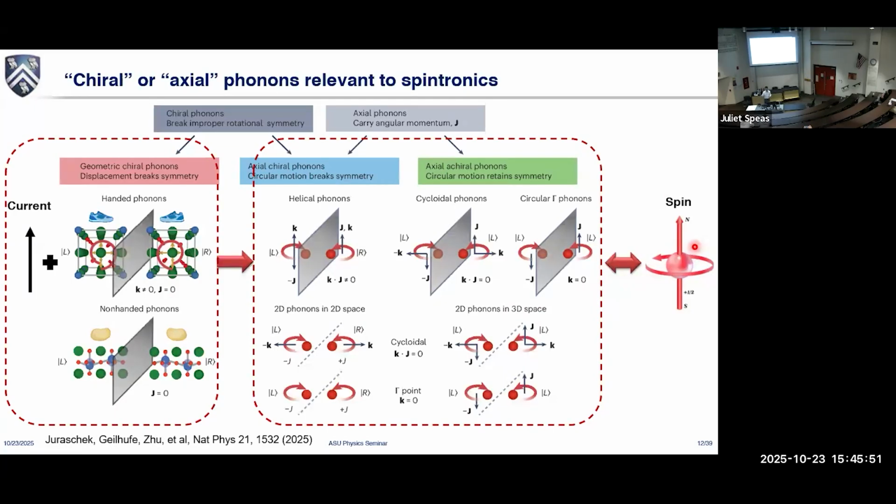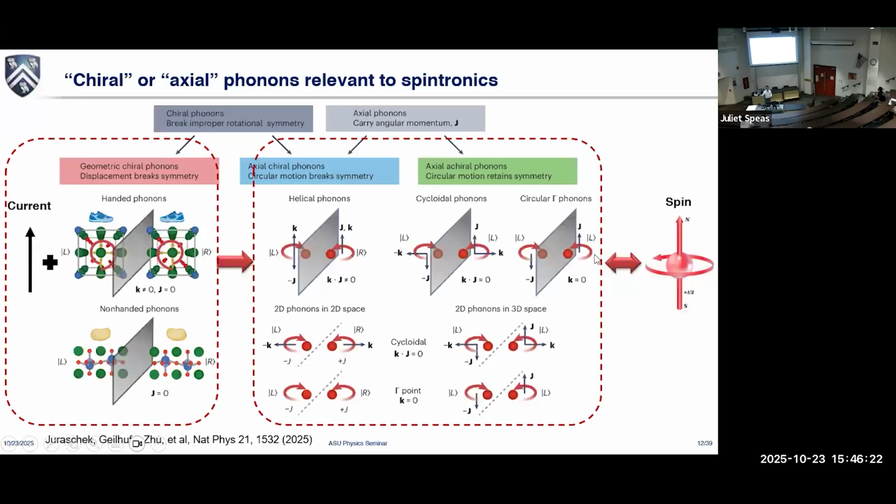So these spins actually have the exact symmetry as the two-dimensional chiral phonons. That means once you have a system and you inject spin, it will be able to convert to all these phonons with this symmetry, and also the atoms can actually kick electronic spins.